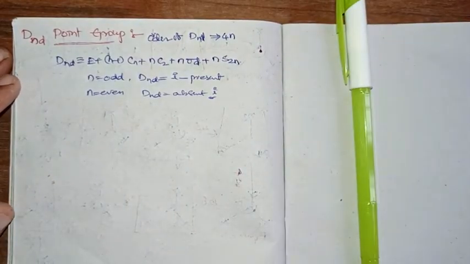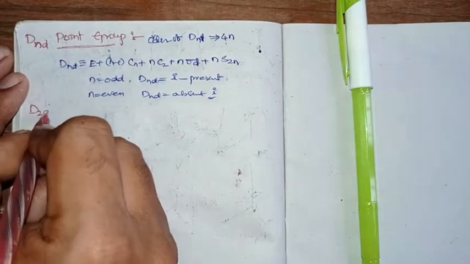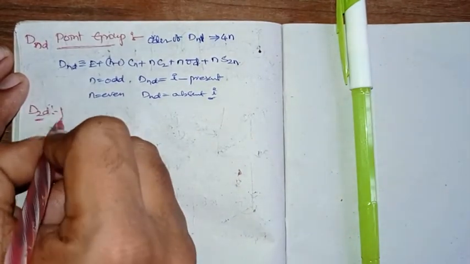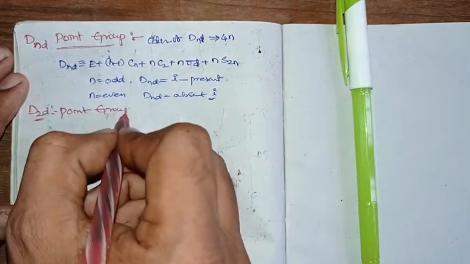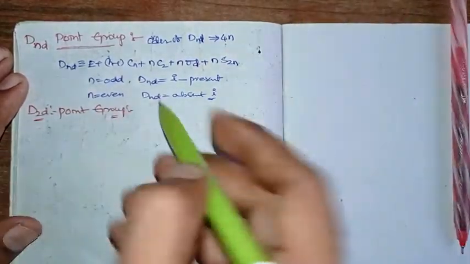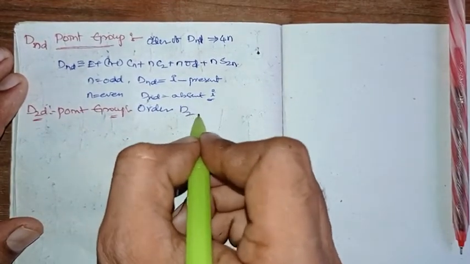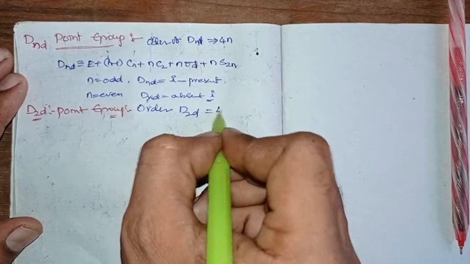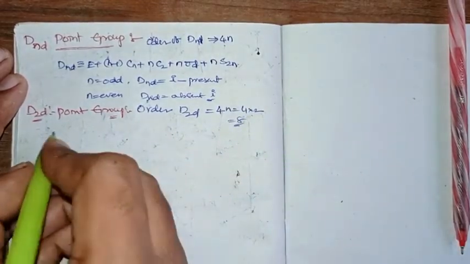When we go specifically for the D_nd point group, we will go with the D2d point group, where the order of D2d is 4n. It means 4 into 2, which is equal to 8.